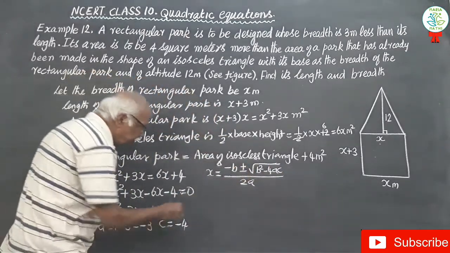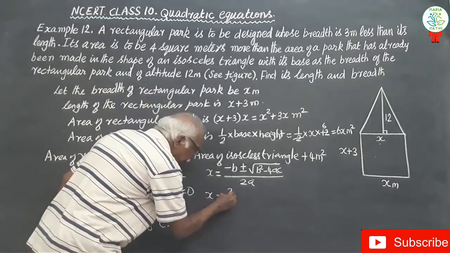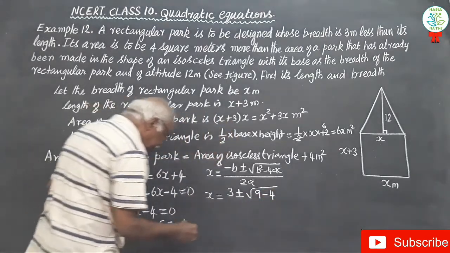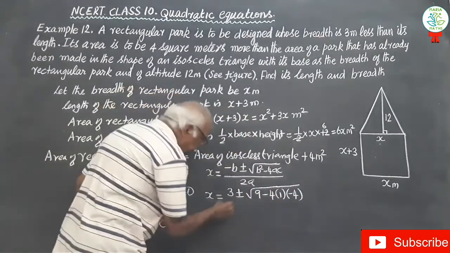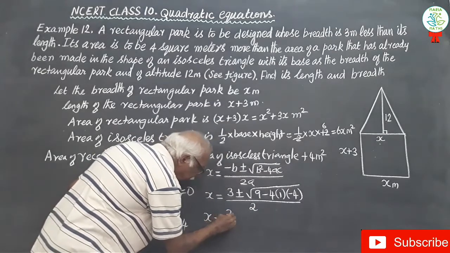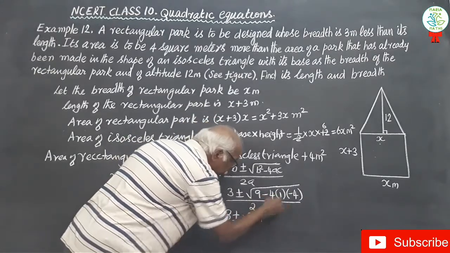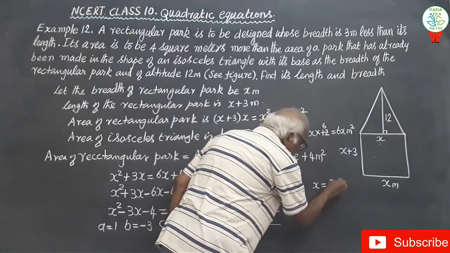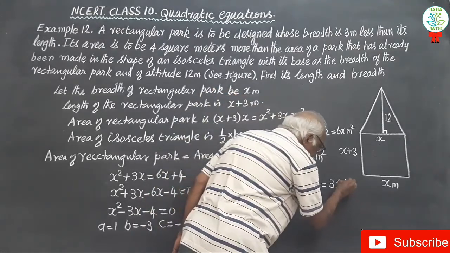Applying, x is equal to 3 plus or minus square root of 9 plus 16 by 2, which is 3 plus or minus square root of 25, that is 5, by 2.